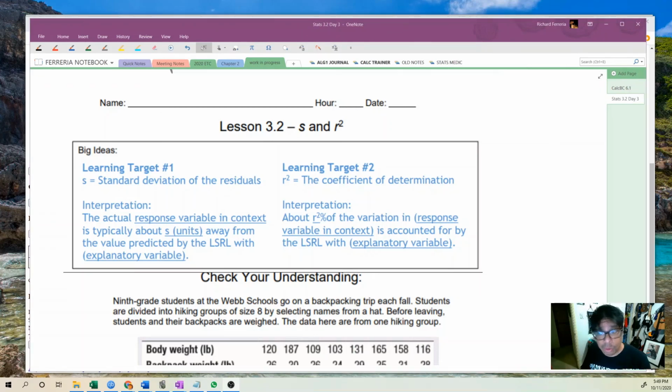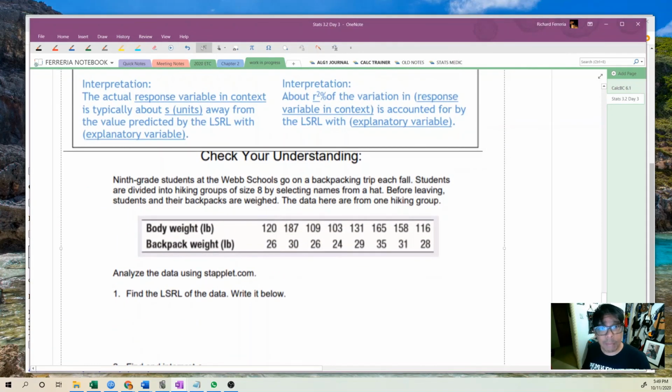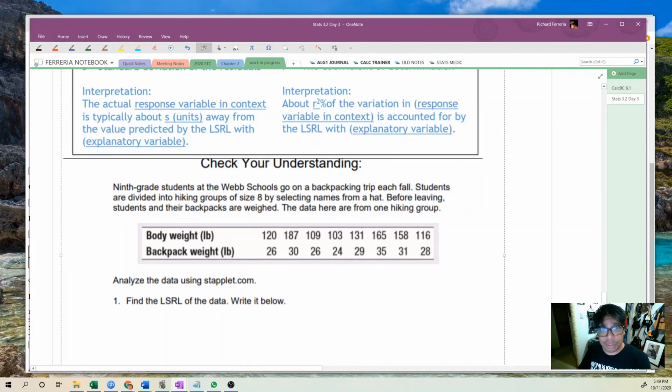So about, I forgot the number again, about 87.7% of the variation in IQ scores is accounted for by an LSRL with GPA. And then, of course, there is a check your understanding, which you should go through. But that's really where I'm going to stop it for you today.